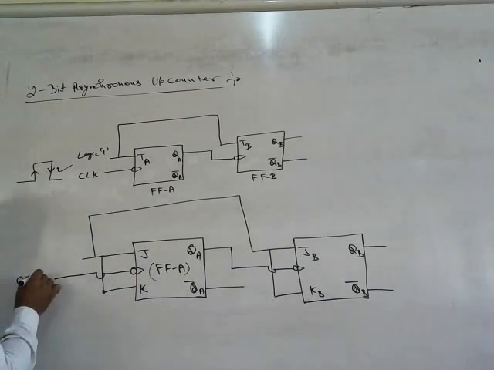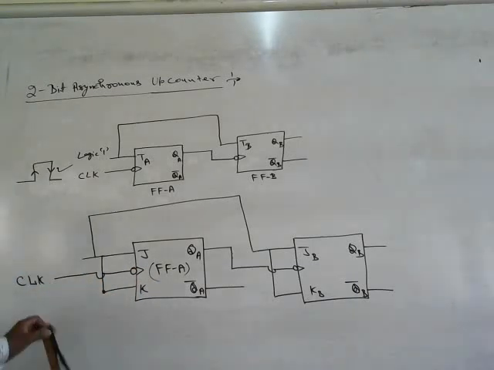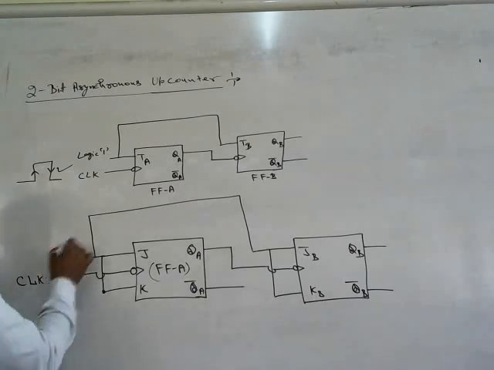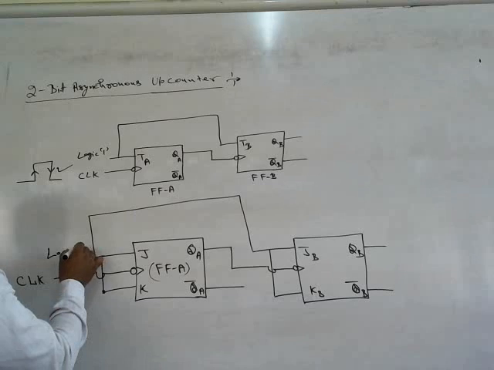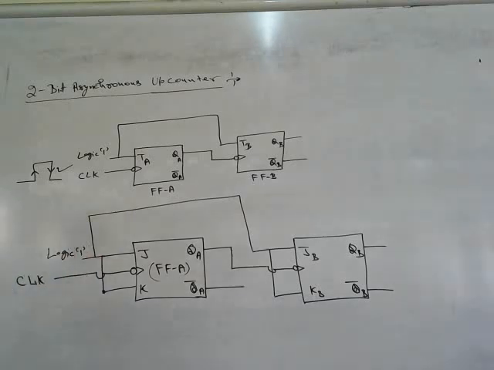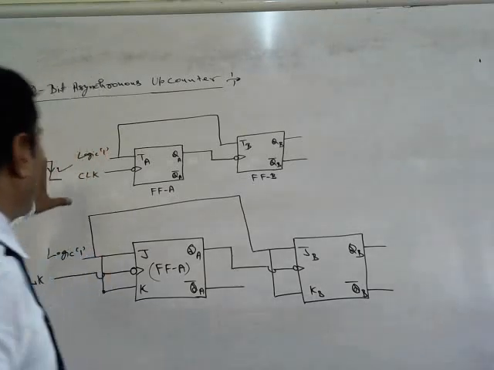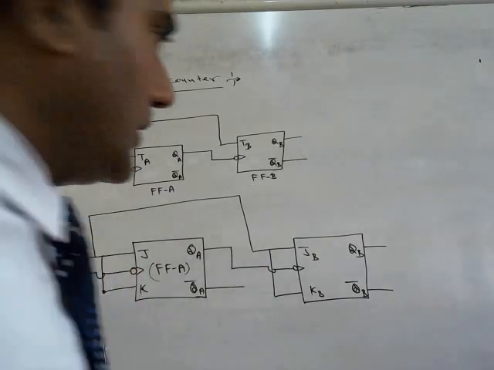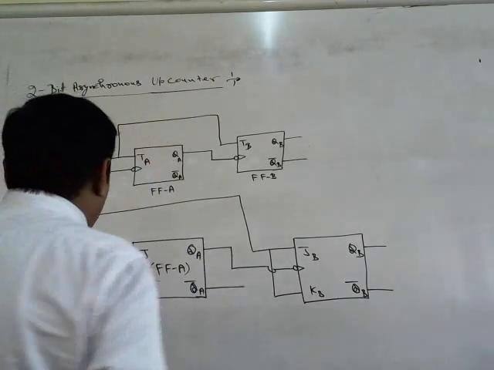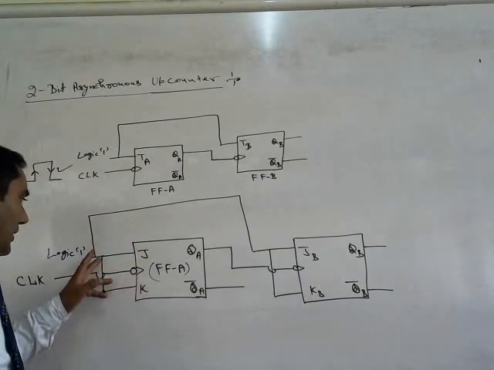Here we also use the concept of negative edge triggering. That's the original clock signal. Here we apply logic 1. So there is the 2-bit asynchronous up counter by the help of the JK flip-flop.